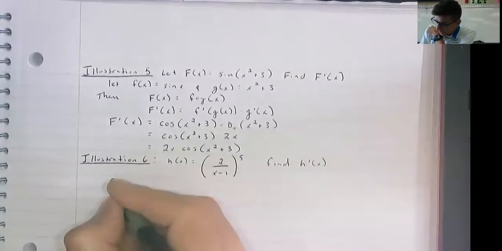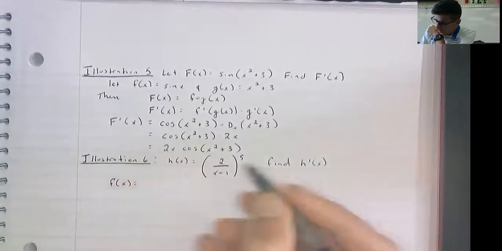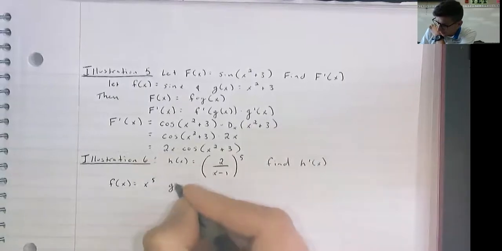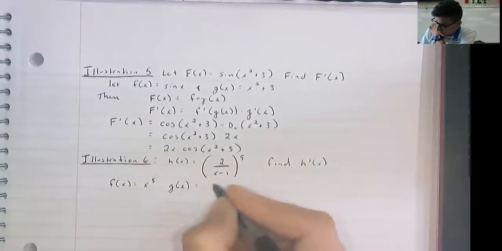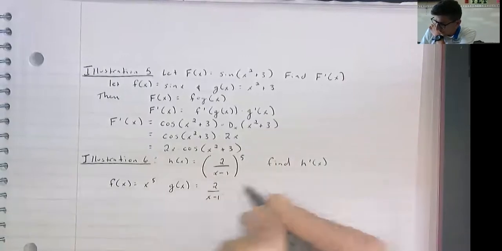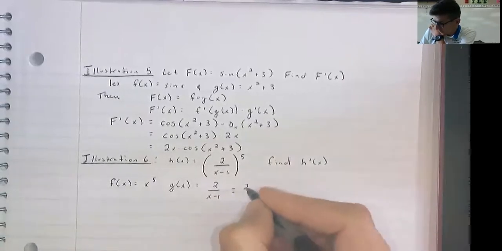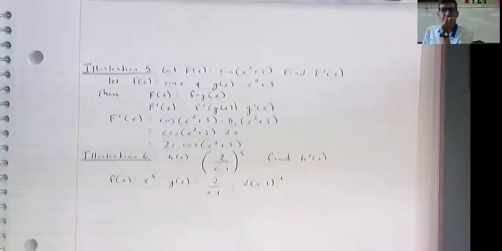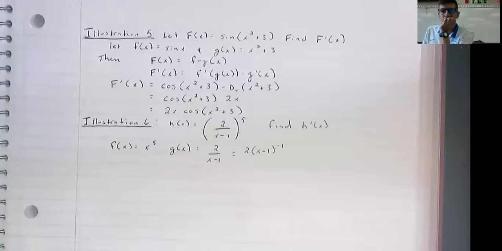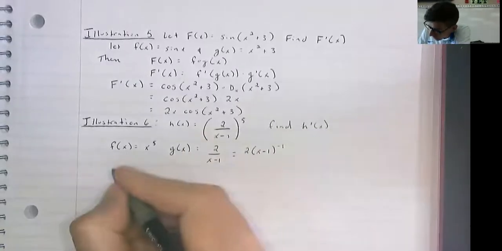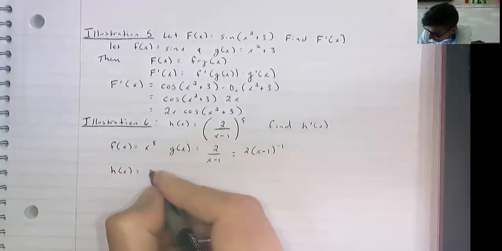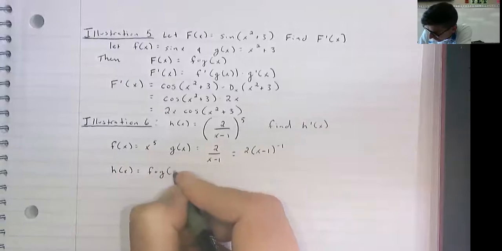But the outer function here would be x to the 5th. The inner function here would be 2 over x minus 1, which I think we'll find useful to think of as 2 times x minus 1 to the negative 1. Okay. So in other words, h of x can be thought of as f of g of x.